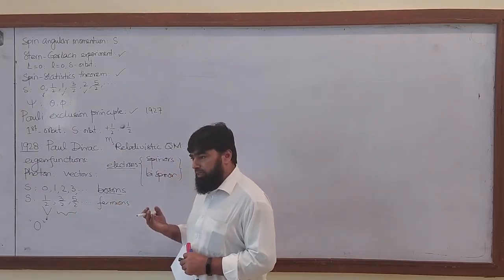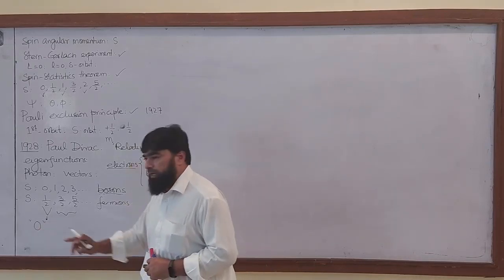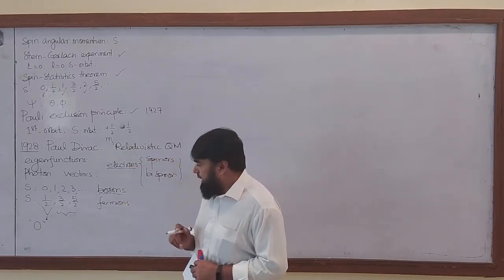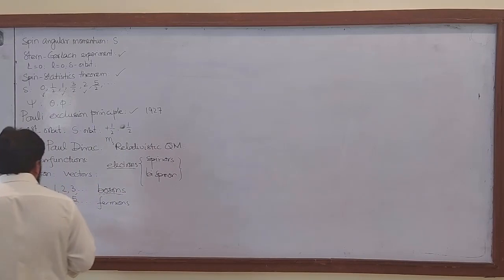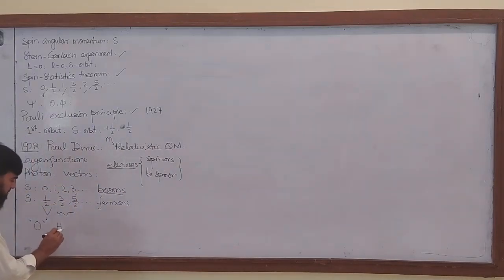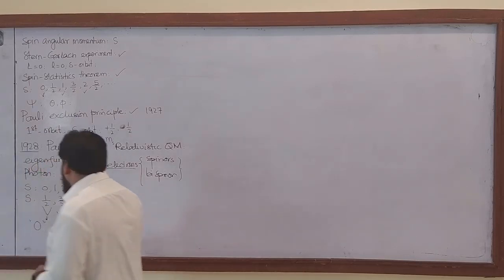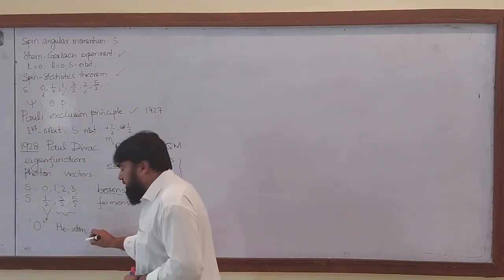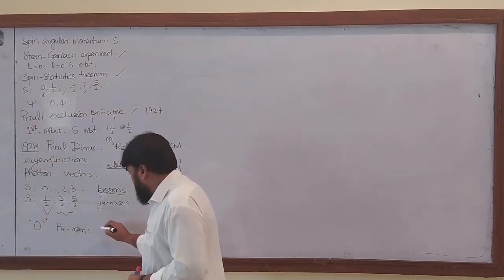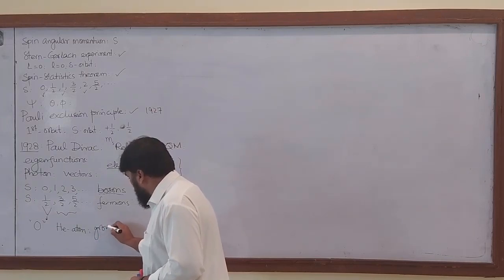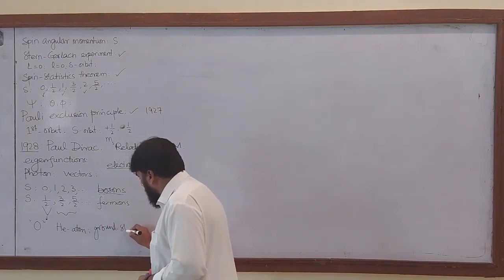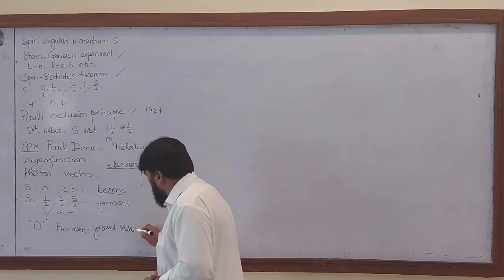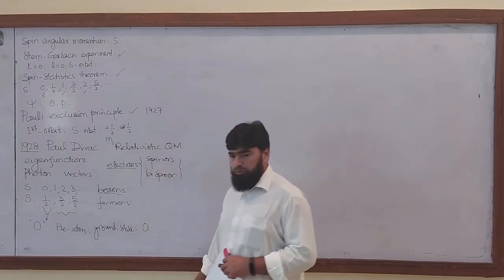So they will add up and give you spin like this. I can give you an example of the helium atom. If the helium atom is in a ground state, then its spin is 0.